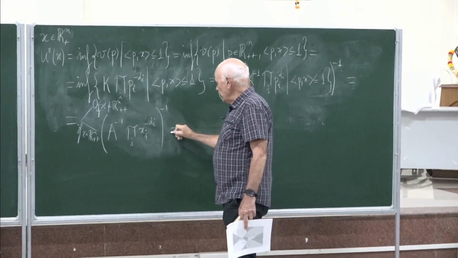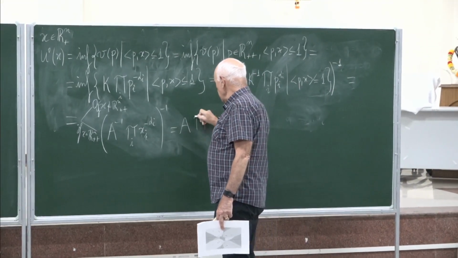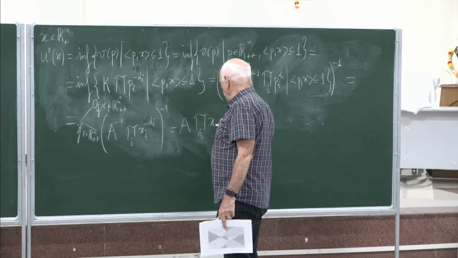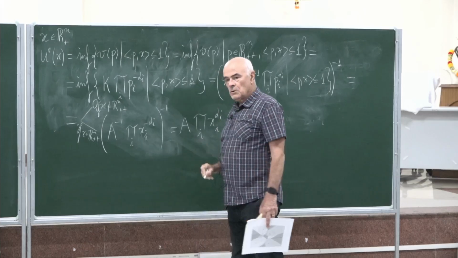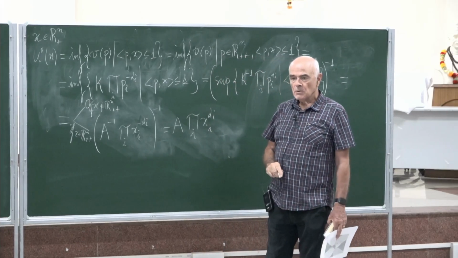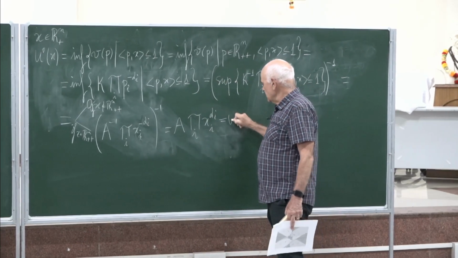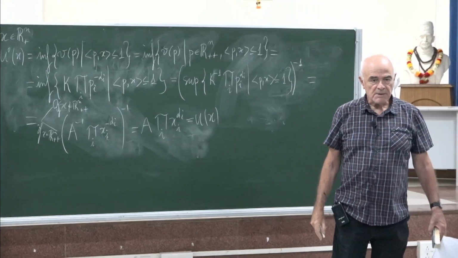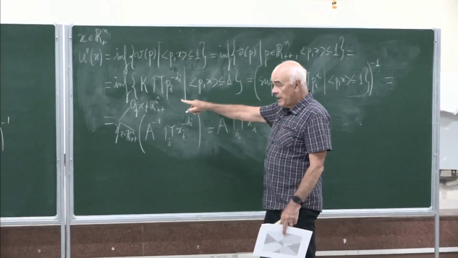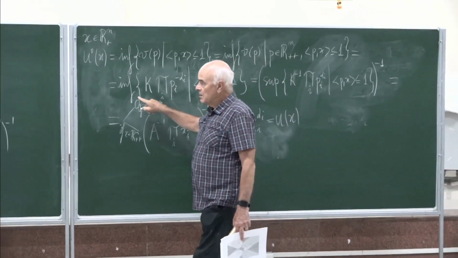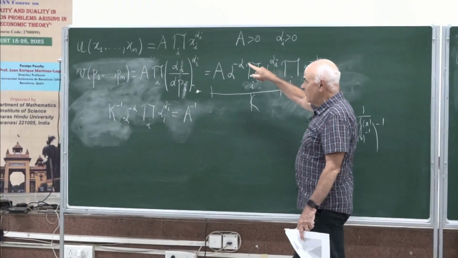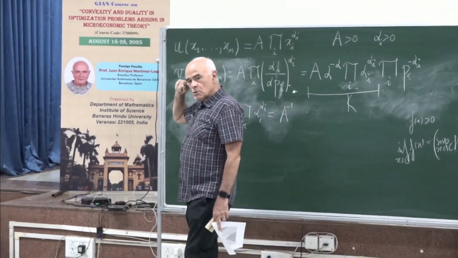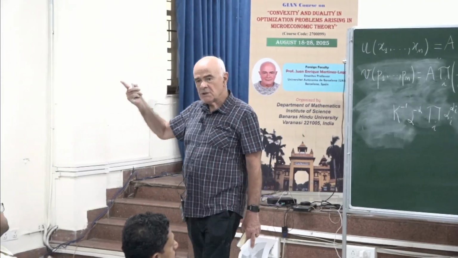So what I really get is a times the product over i of xi over alpha i, which is our Cobb-Douglas. In fact, in both cases, because the Cobb-Douglas assigns the value 0 to a vector which is not strictly positive.